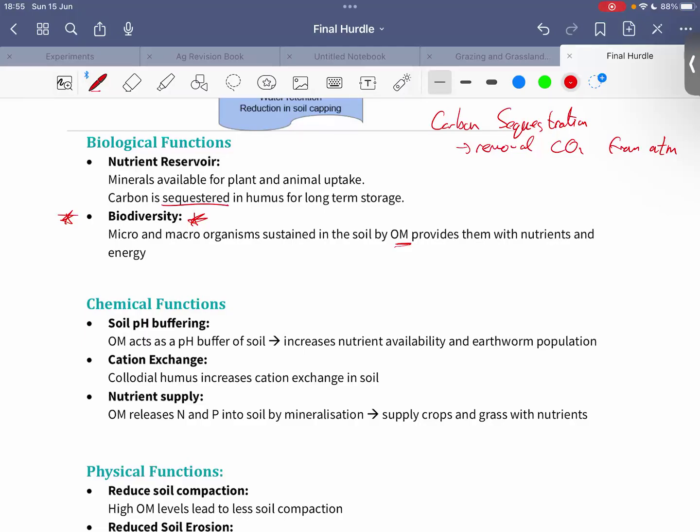So macroorganisms are going to be your earthworms. Microorganisms are going to be the likes of your mycorrhizal fungi and beneficial bacteria. Okay. Chemical functions, as we talked about already: pH buffering, keeping that soil pH at 6.5, increasing your nutrient availability and your earthworm population.